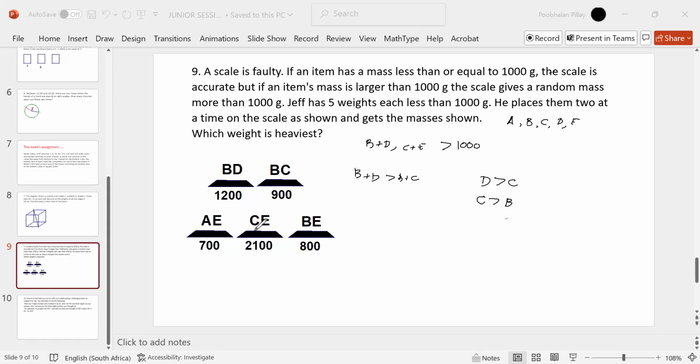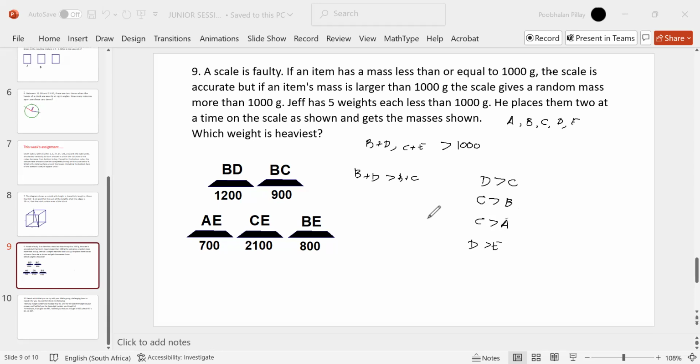This is more than 1,000. That's less than 1,000. So if I remove the same weight from a pan scale, it'll give you the remaining weights. So here, if I remove, I've got C is greater than A. Is there anything else that I can do? Yeah, I've got this one here as well. If I look at this, from there, I've got the B can be removed. I've got D is greater than E.